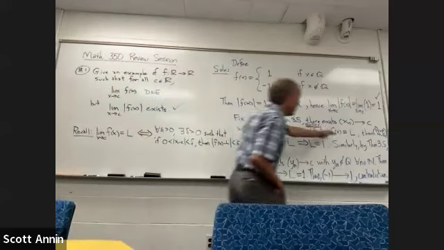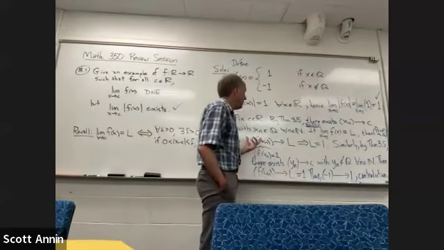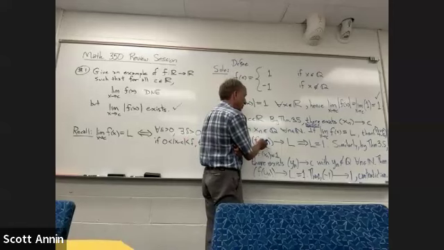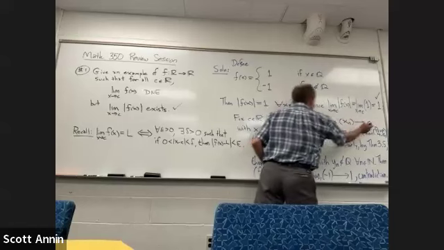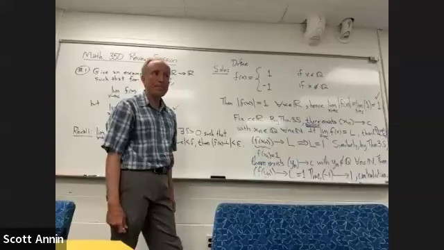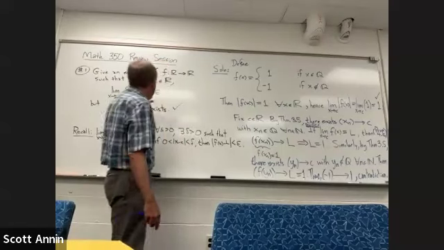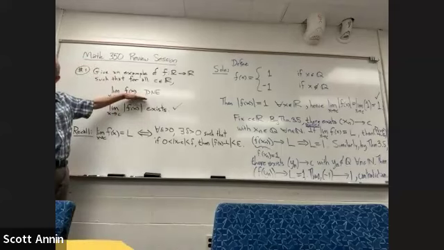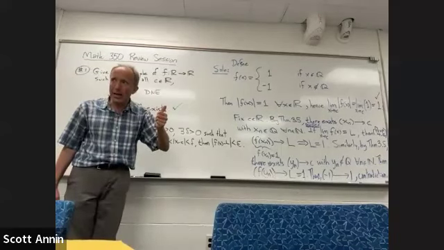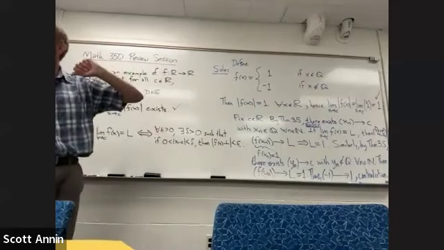If this limit of f of x is equal to L, then if you make any sequence converging to C, the image of that sequence has to converge to L. When you're trying to disprove that a limit exists, a great way to do it, highly recommended, is by way of contradiction, and then use proposition 4.6.